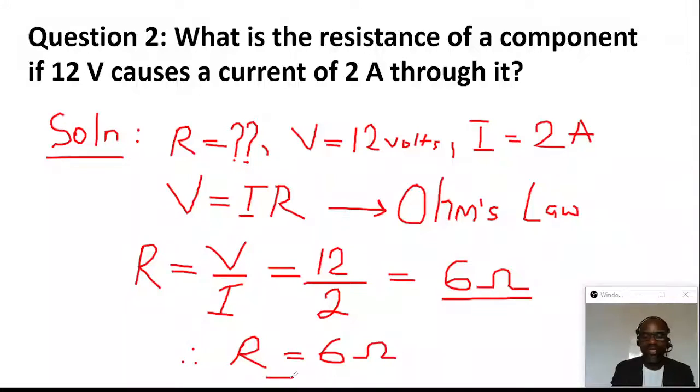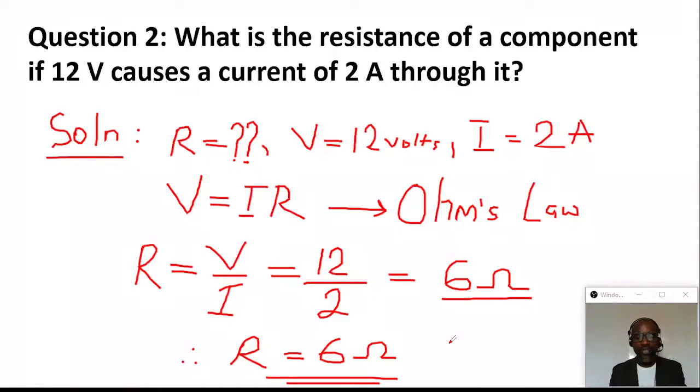Good. That is our final answer. We have succeeded in finding the value of the resistance of the component through which a current of 2 amps passes when supplied with 12 volts. You can see, very simple. It's been solved.